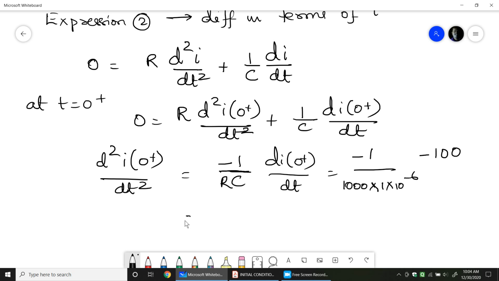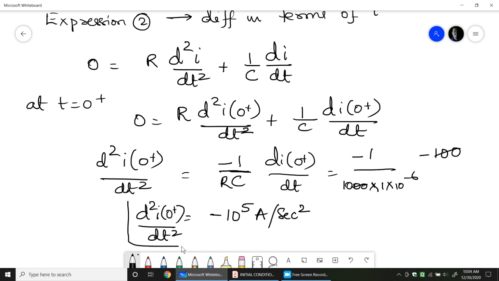So this 100 and this would be 10 now, and 10 into 10 power minus 6 is 10 power minus 5. Therefore I will get minus 10 to the power of plus 5 amps per second square, because you are differentiating twice, so amps per second square is the unit. So d square I of 0 plus by dt square would be equal to minus 10 to the power of 5 amps per second square, which is the answer.